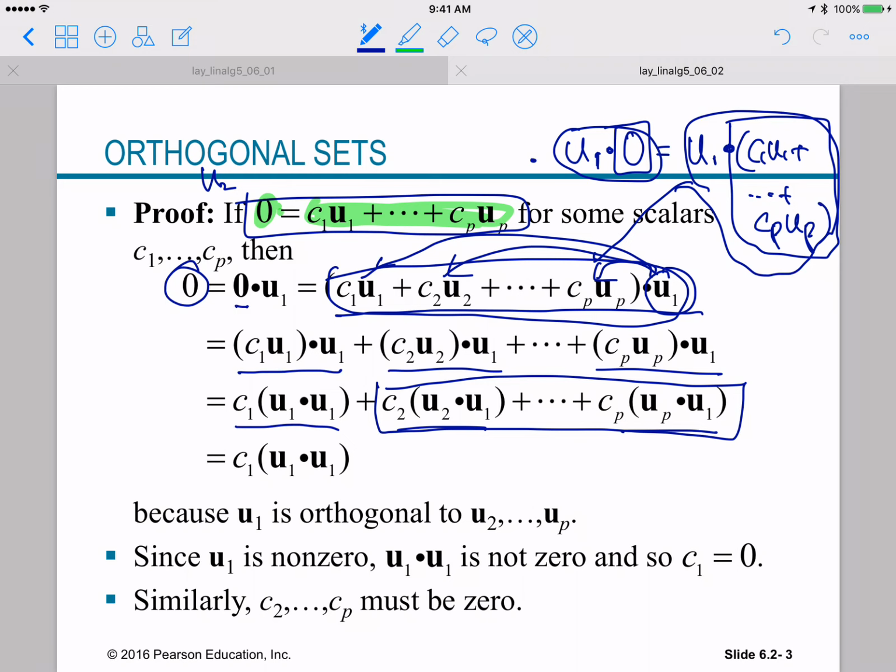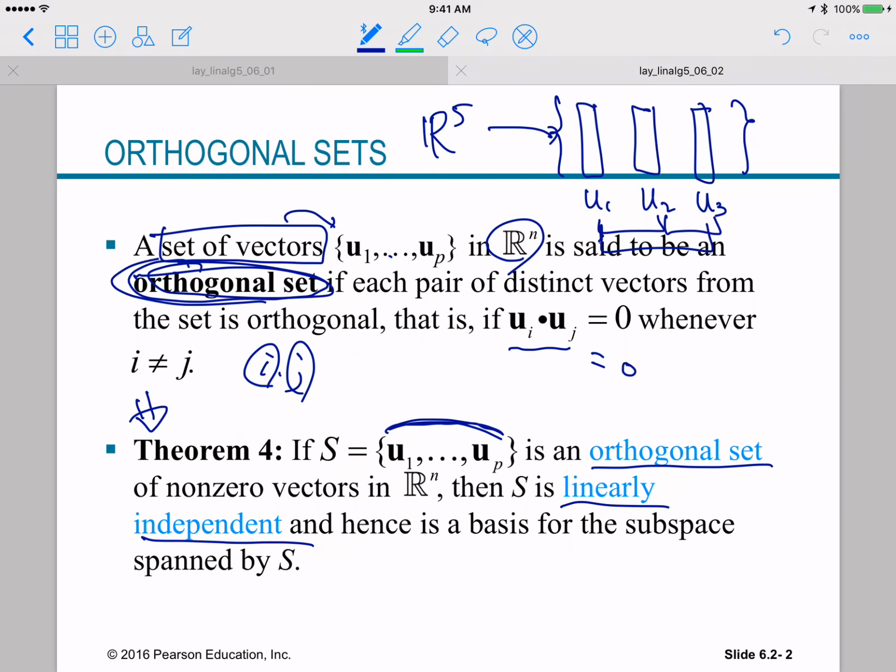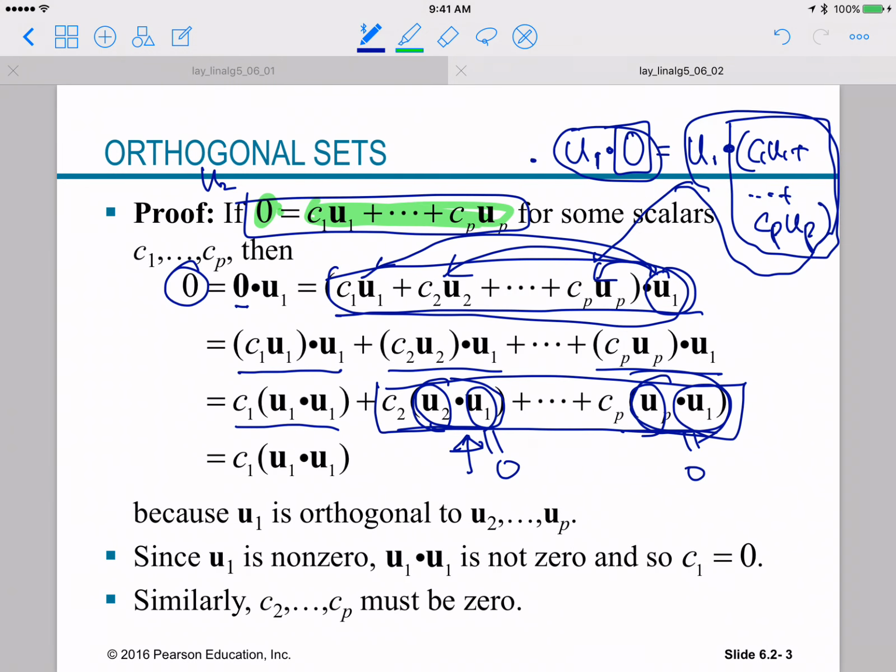The key point here is that this part is composed of the inner products between u1 and the other vectors in our set. So the inner products of u2 with u1 through up with u1 are all 0, from the requirement of this orthogonal set.